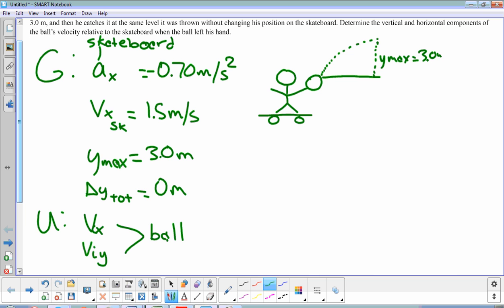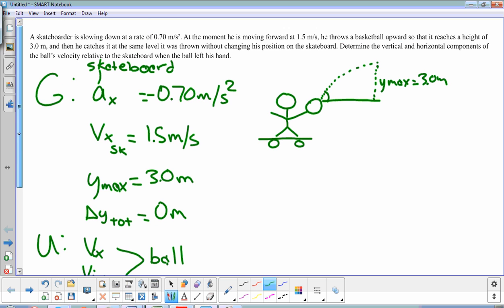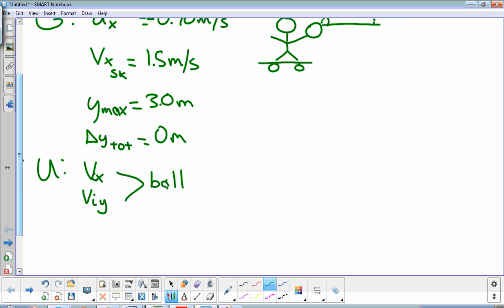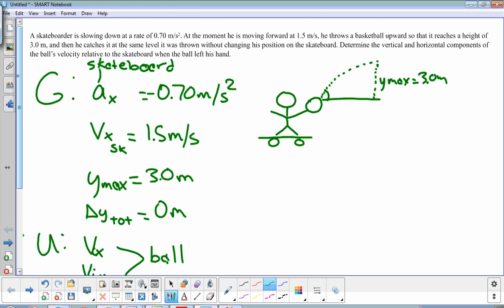is 3.0 meters. This angle that he launches it at, did it say? It's unknown, so I don't actually need to put it. I'm going to say this is my initial. I'm going to use this one as my final point for my first solving. You'll see in a second.